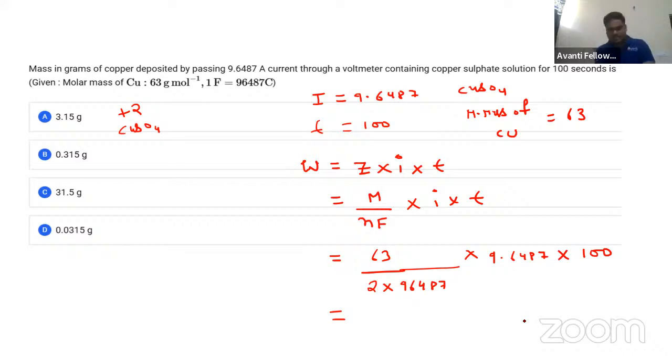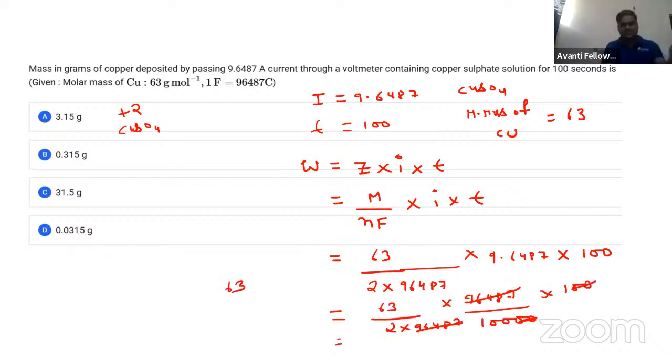So the answer comes out to be 63 divided by 200. Calculate fast, everyone, find out. 63 divided by 200, how much will it come? The value comes out to be 0.315 gram. So option B is absolutely correct, that is 0.315 gram. Is this clear to everyone?